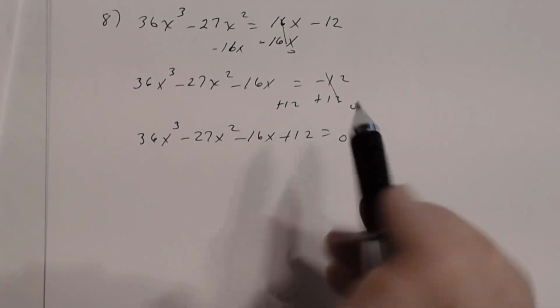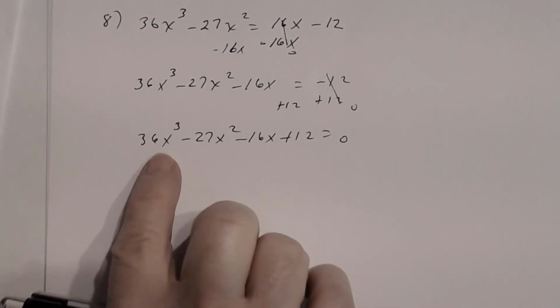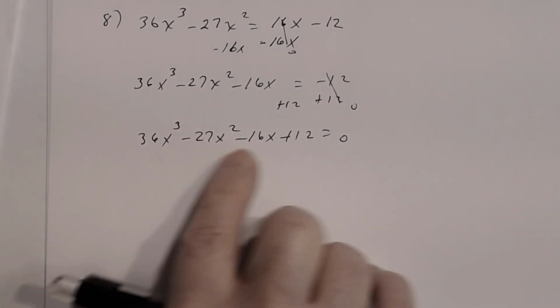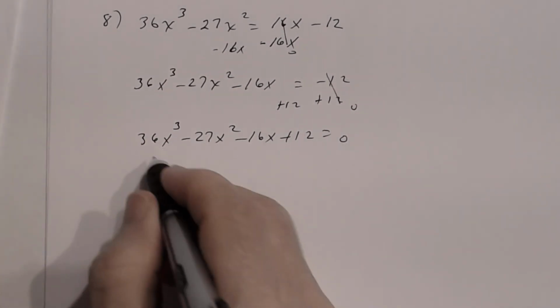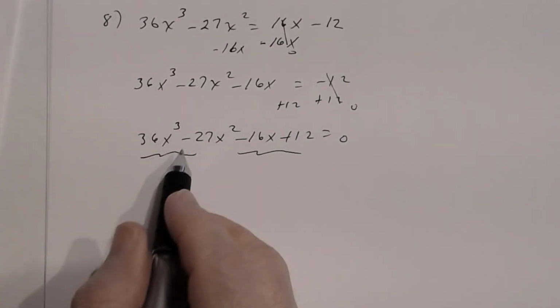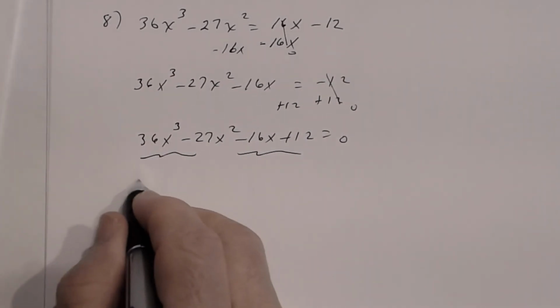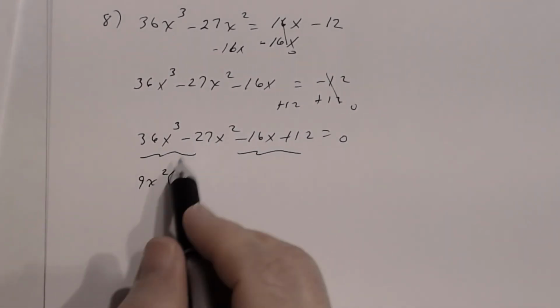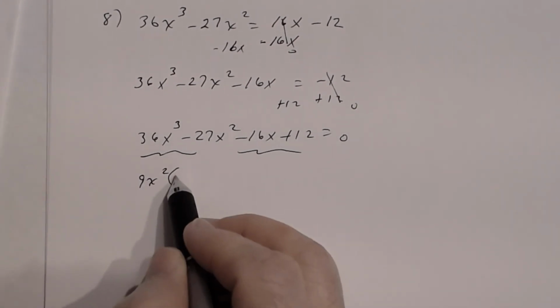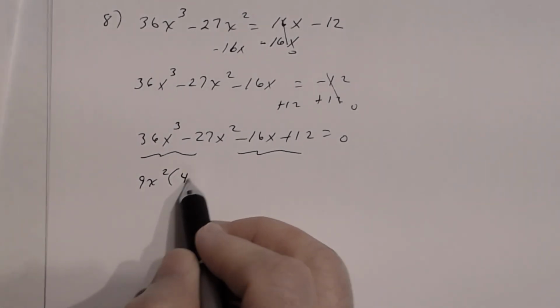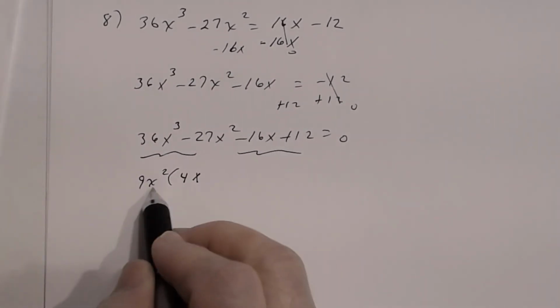And now I have four terms. Let's see, the GCF is 1. I have four terms, so I'm going to do this by grouping. And so in the first group, it looks like I can factor out a 9x squared, right? And when I factor out the 9x squared times, what's that, 4x? Is that correct?